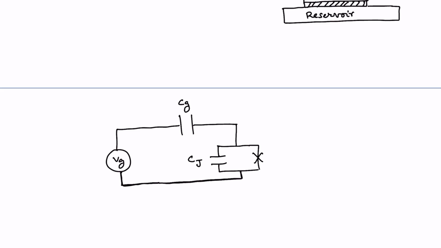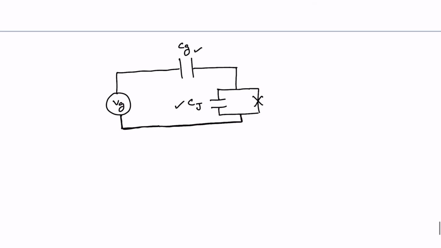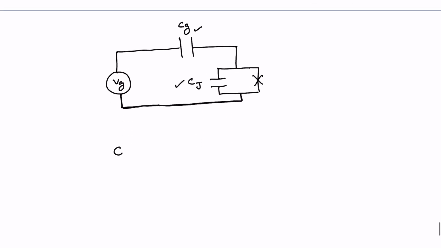Cj and Cg, the gate capacitance and this Josephson capacitance Cj, are in parallel, so the equivalent capacitance is denoted by C sum, which is equal to Cg plus Cj, because these capacitances Cg and Cj are in parallel.